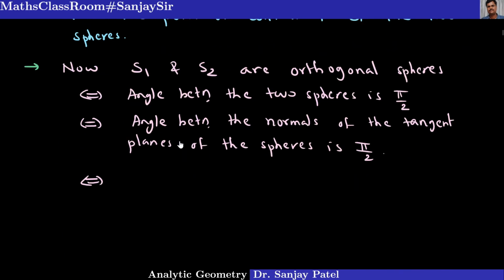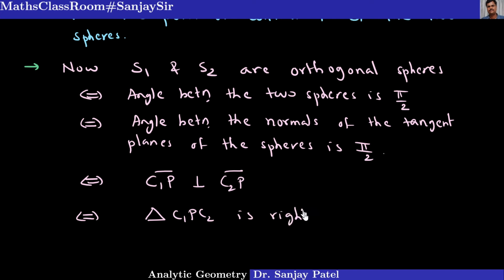So if the angle between the normals of the tangent planes is pi by 2, then C1P is perpendicular to C2P, and this is true if and only if the triangle C1PC2 is a right angled triangle, and then it must satisfy the Pythagoras theorem.